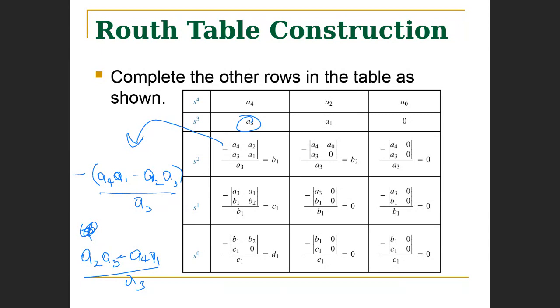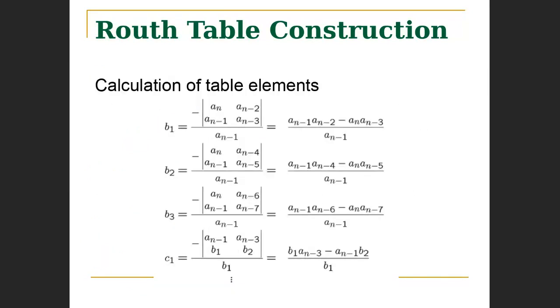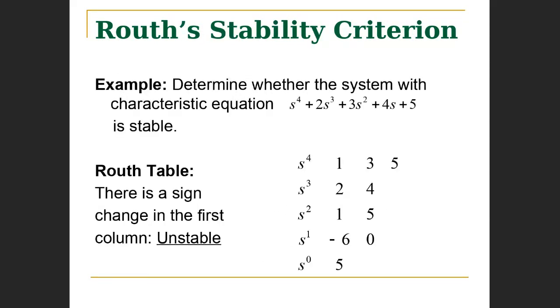If you look at this row, what are we dividing by? B1, all throughout by B1. For here, all terms by C1. So we're going to take our time to establish the rules to do this.